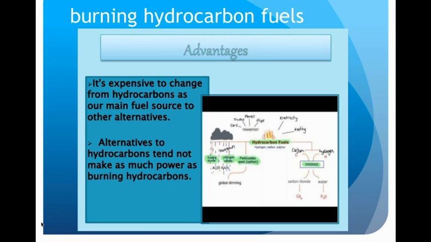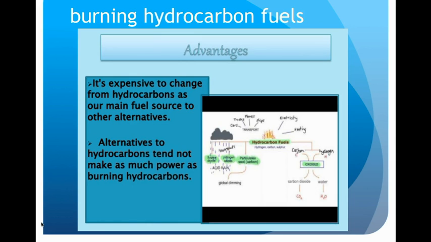Now, burning hydrocarbon fuels is what we currently use to power our economy. There are advantages and obviously disadvantages. It's expensive if we want to change from hydrocarbon fuels to other alternatives.